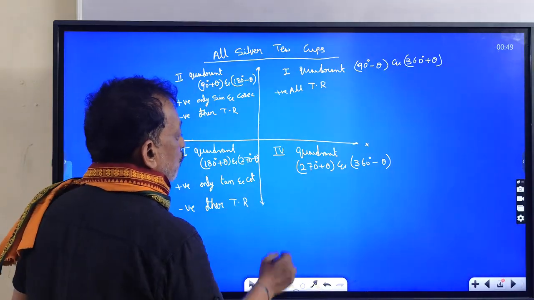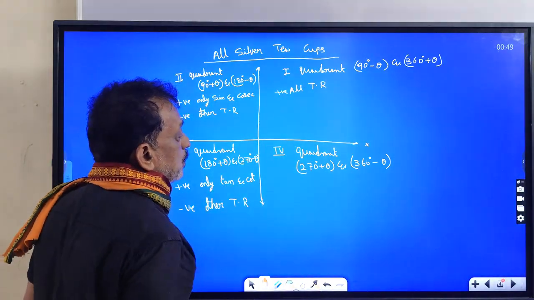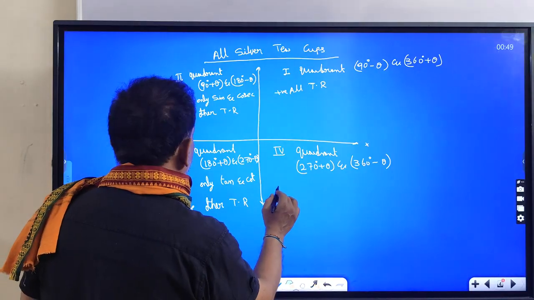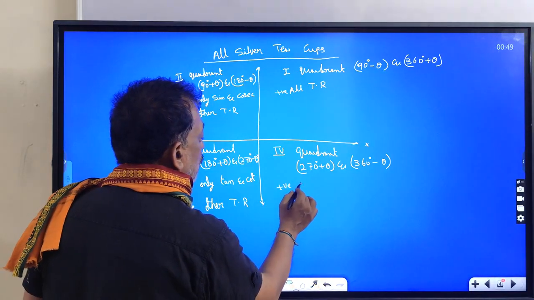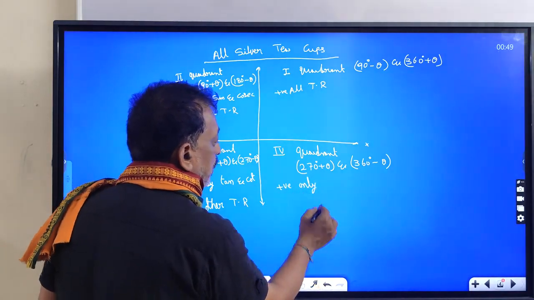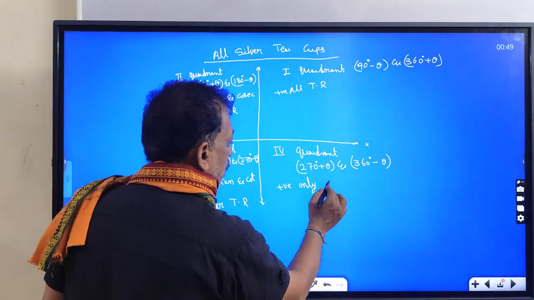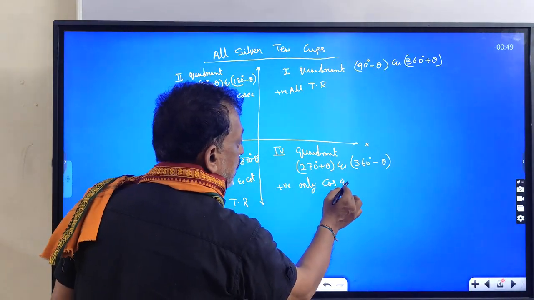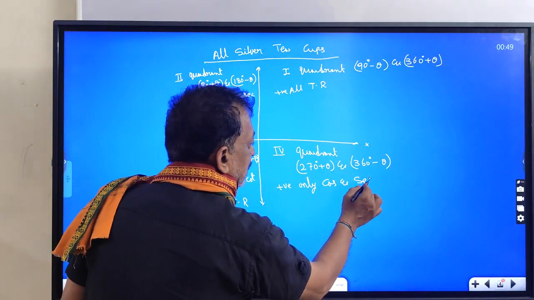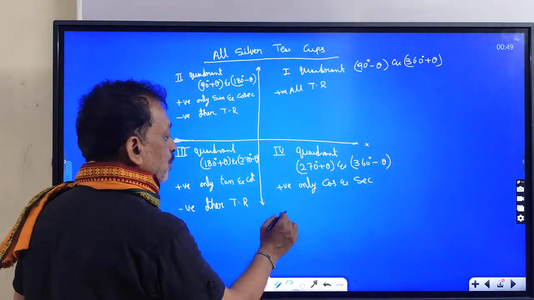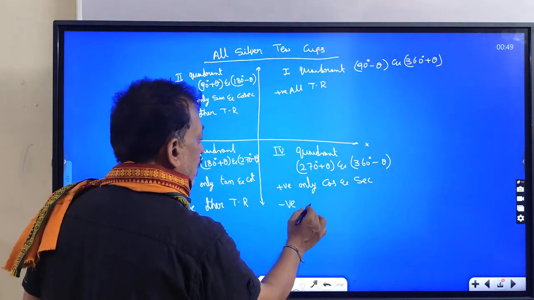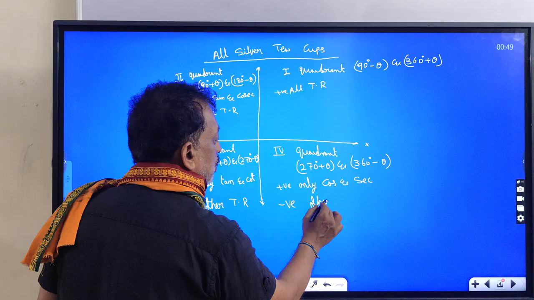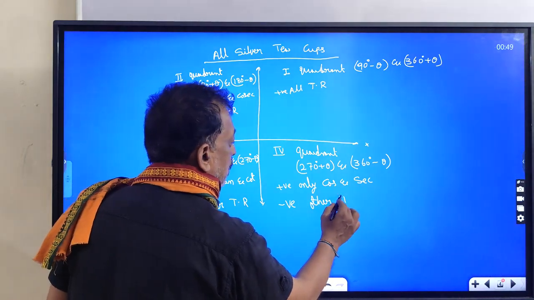Next, in the fourth quadrant, Cups means cos. Only cos and secant are positive. The other trigonometric ratios are negative.